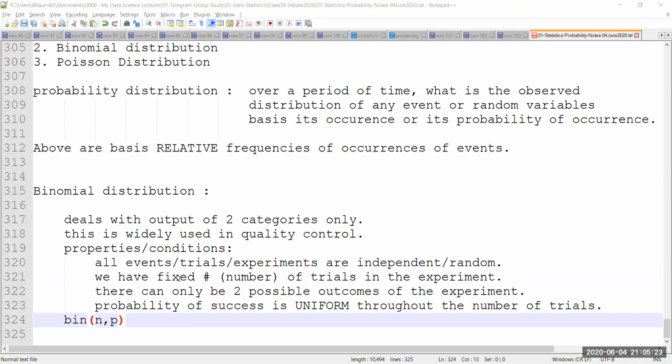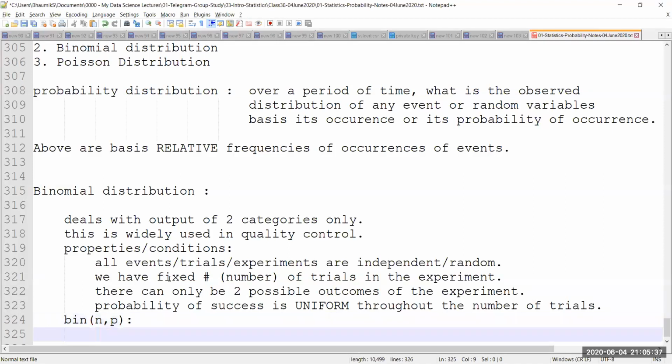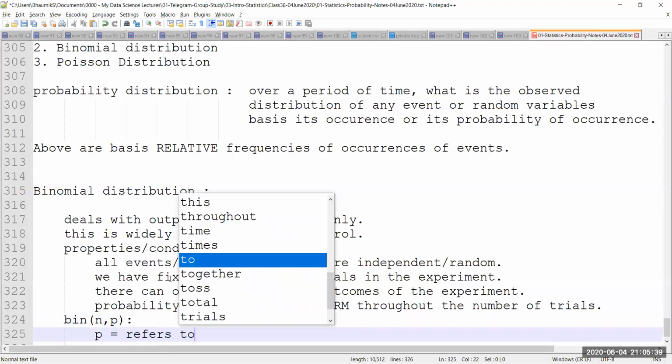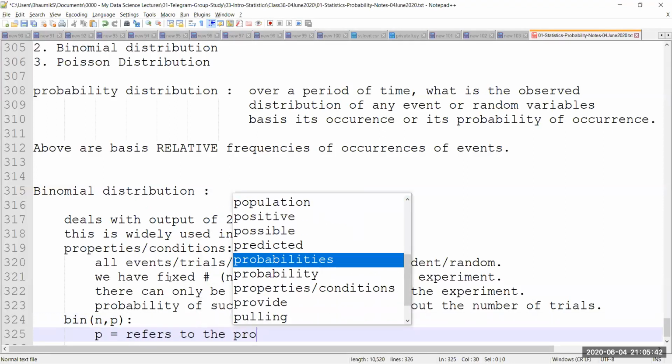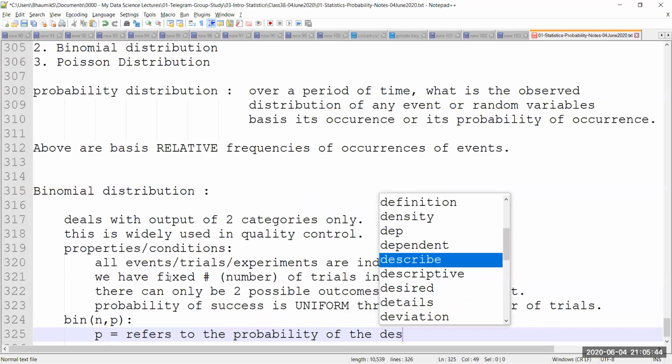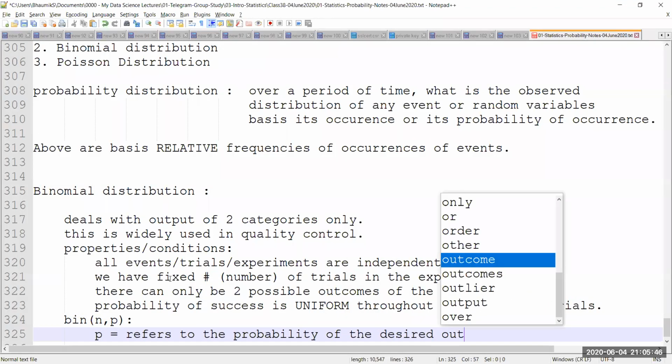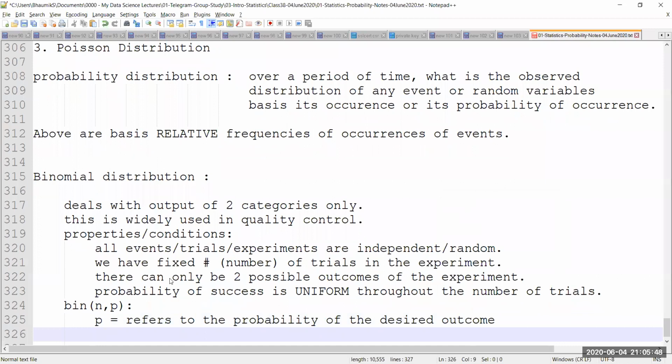Now, if and only if you are doing only one experiment, then it is also known as a Bernoulli distribution. Why is that so? Let me write this first. Here P refers to the probability of the desired outcome, and N is the number of experiments.